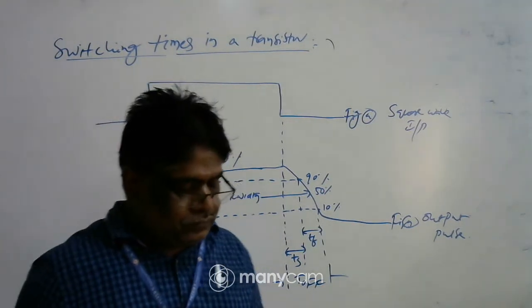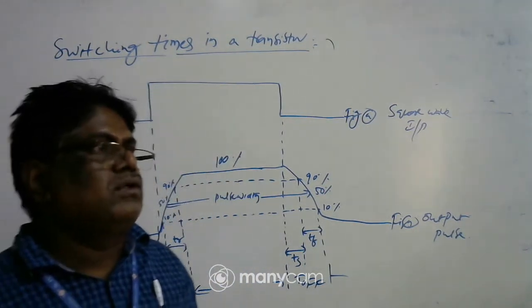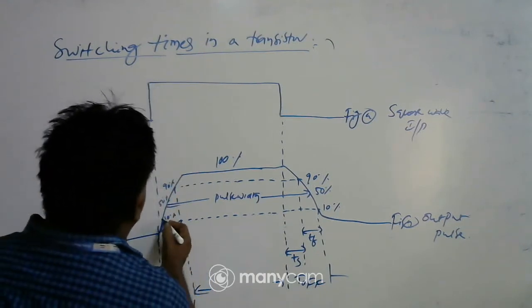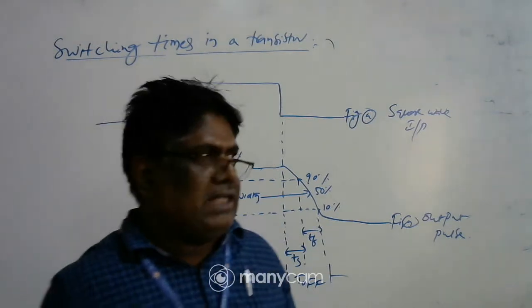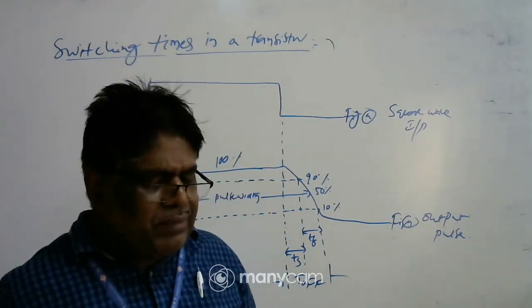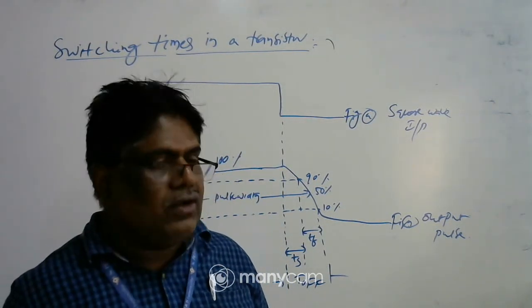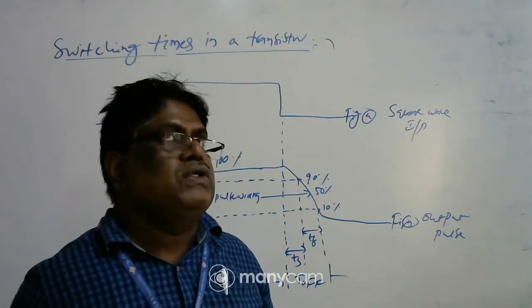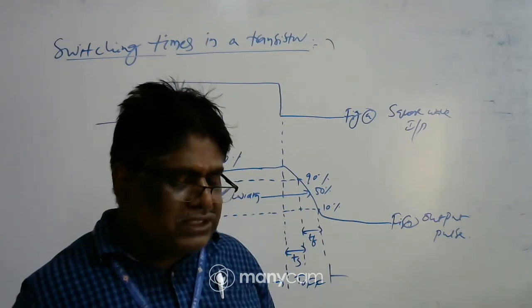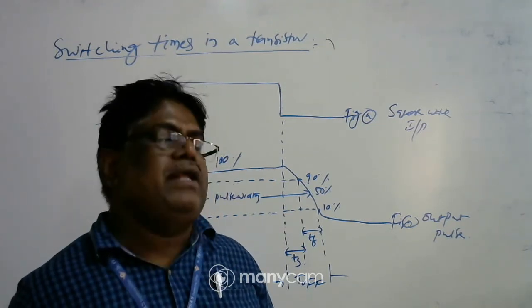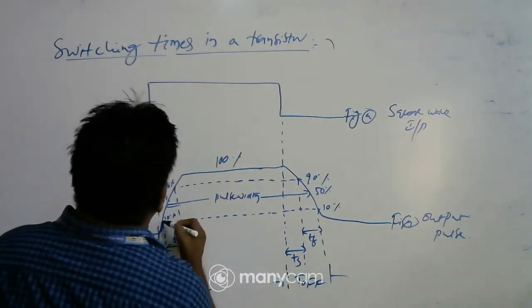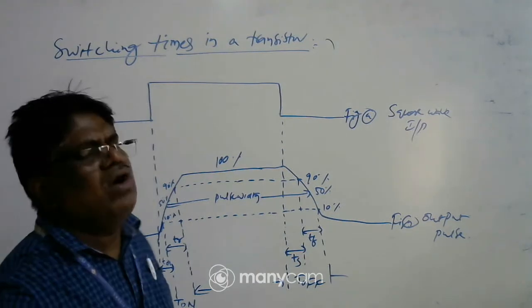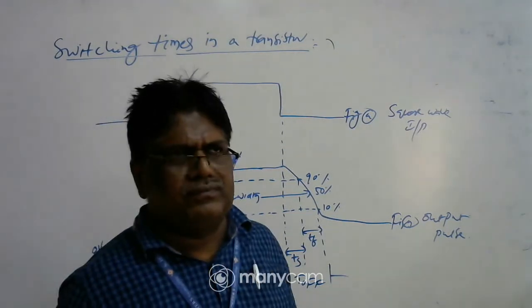Next one, rise time, TR. So from here to here is rise time. What is the rise time? The rise time is the time required for the output to change from 10% of its final value to 90% of its final value. So 10% to 90% is called the rise time.